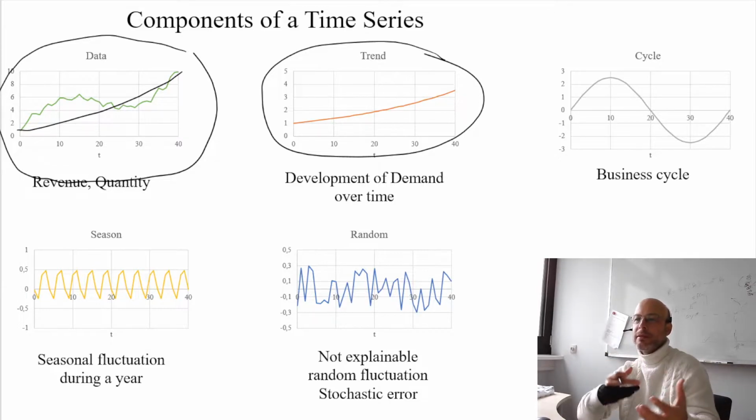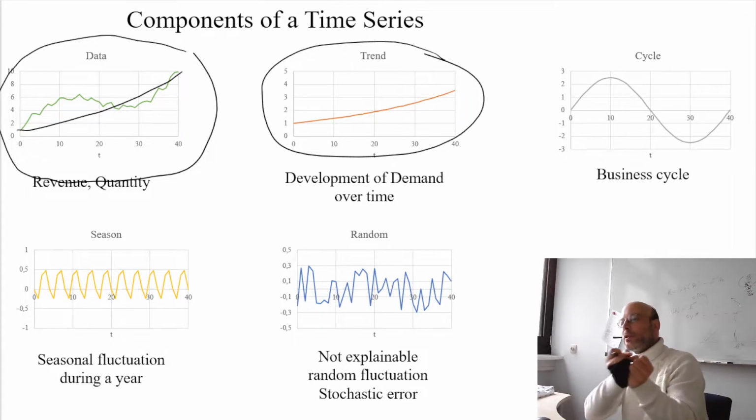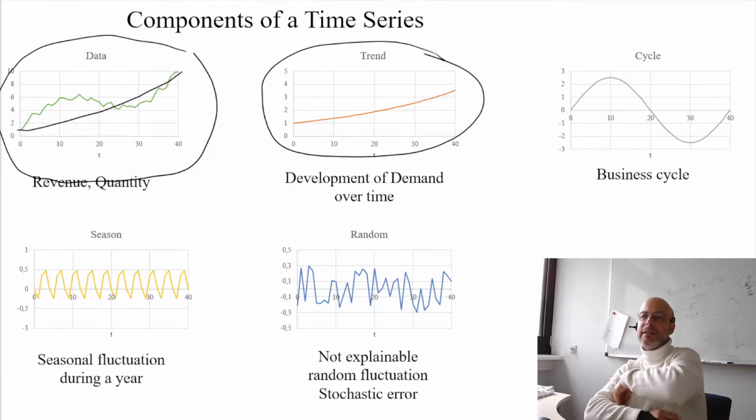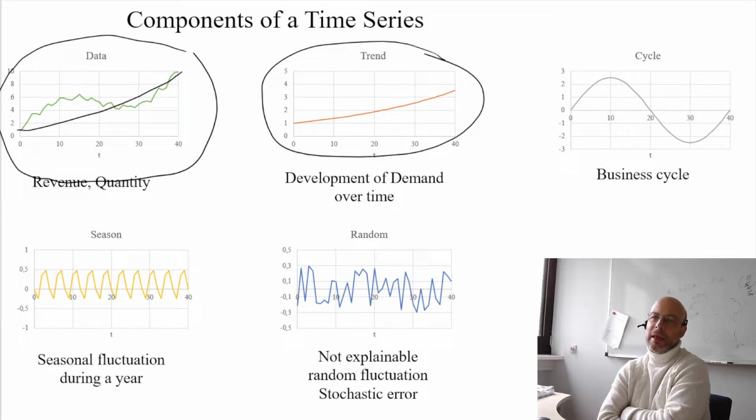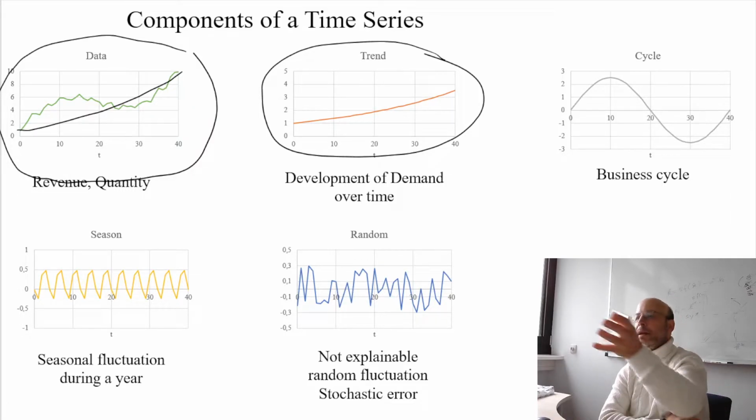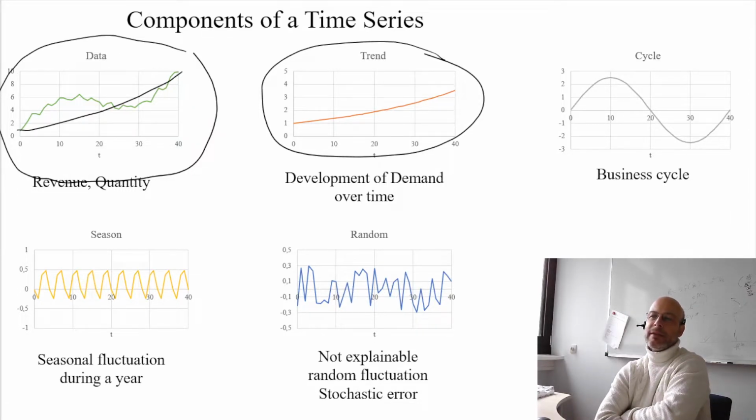And for longer time forecasting, it would be very interesting if you could identify a long-term trend, let's say for forecasts for the next 3, 4, or 5 years, when you are taking data for the revenue of your company.